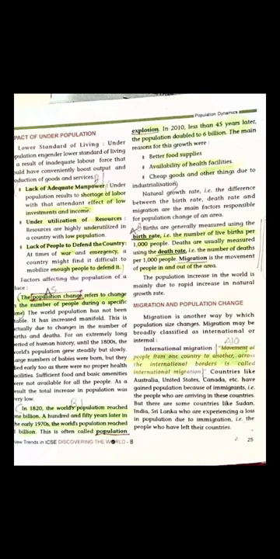Before we start, let's recap what we've done in our earlier classes. We have studied the distribution of population in the world, and within that distribution there are areas where there is underpopulation and areas where there is overpopulation.